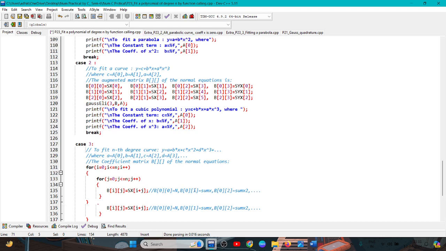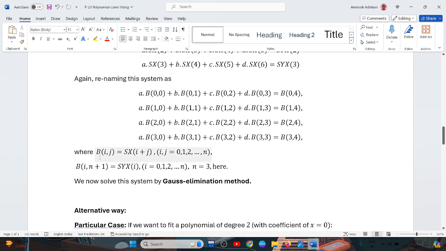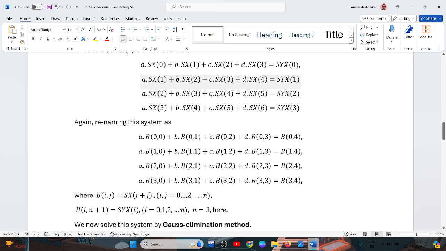Case 3, the more general case for nth degree polynomial. Define Bij equal to Sx i plus j. B00 is n, B01 is sum x, and so on. The right hand column vector is B i, n plus 1, equal to Syx i.